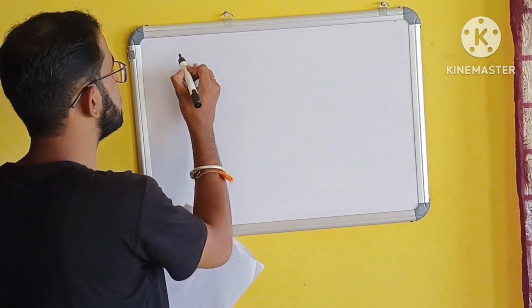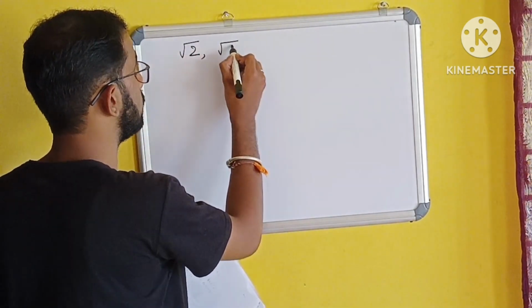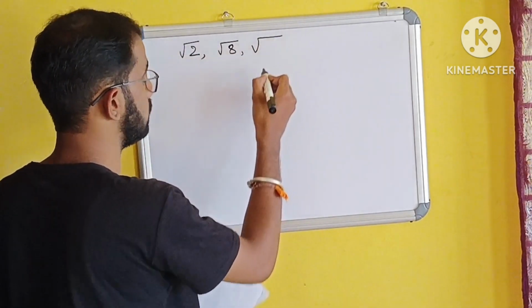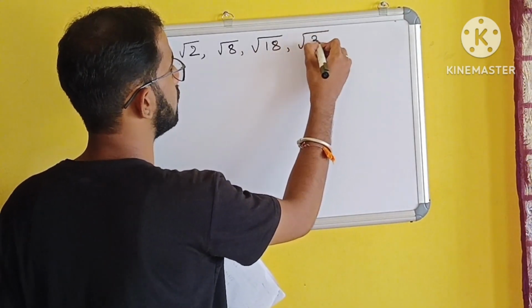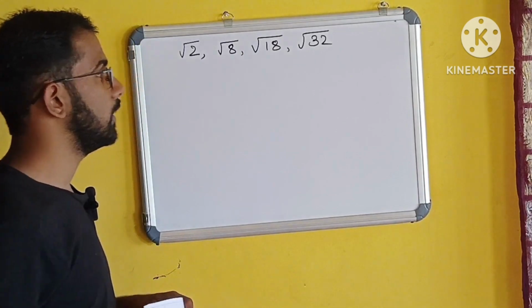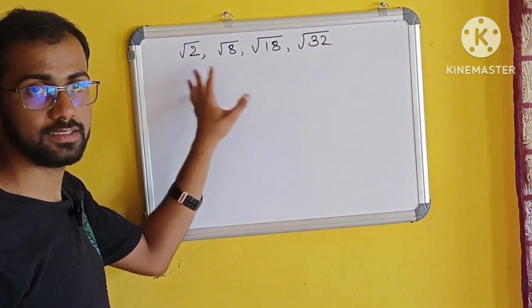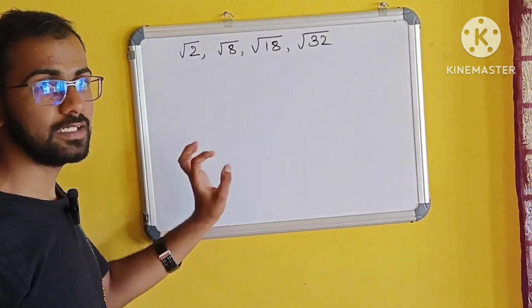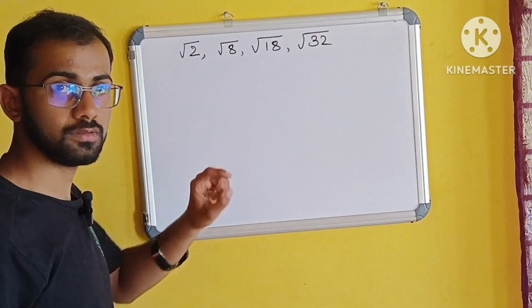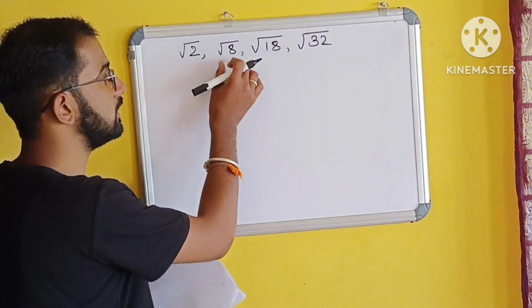Let's move on to the next example, that is 2 root 2, root 8, root 18, root 32. Before checking whether this sequence is in arithmetic progression, let me explain how to split the terms under the root.